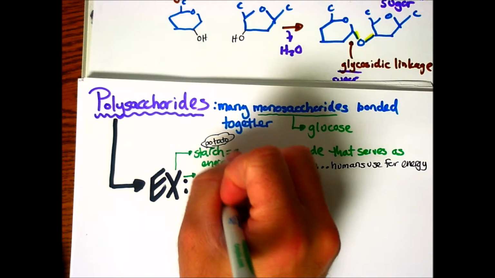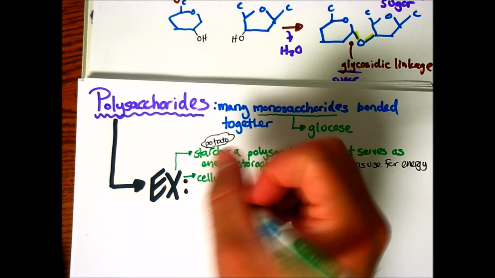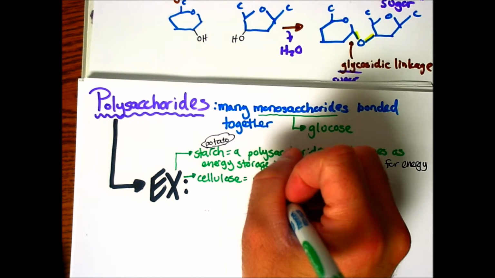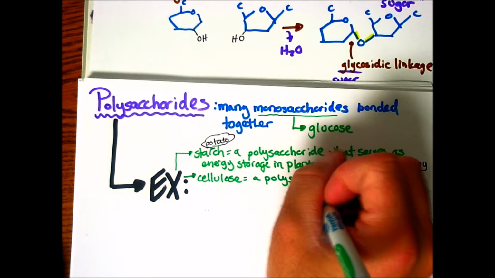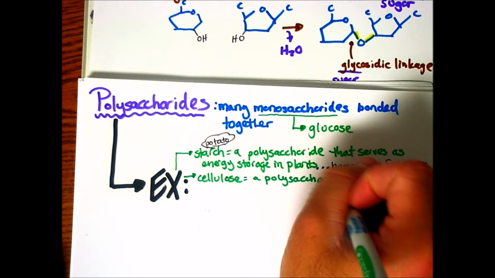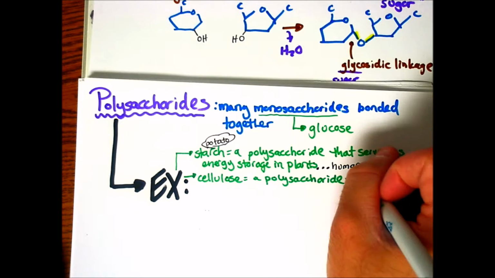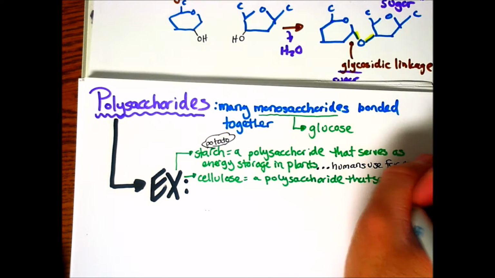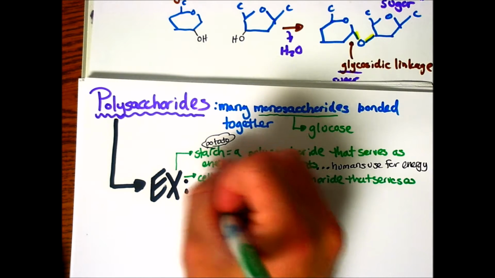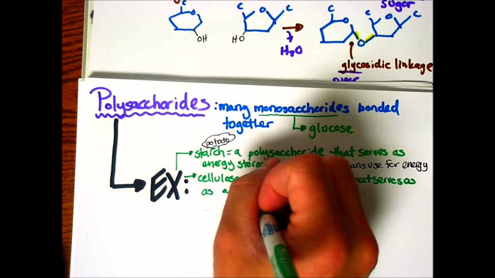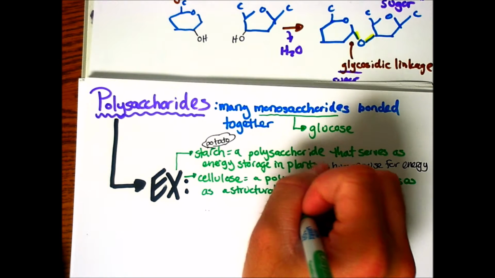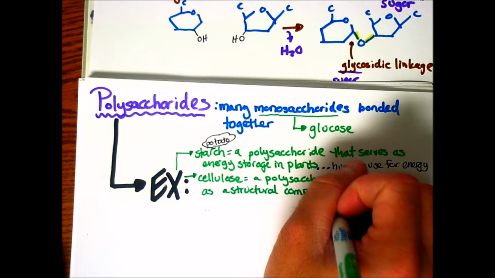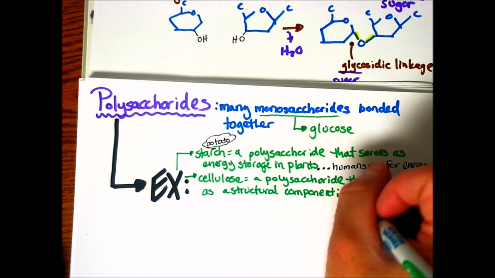The next one is cellulose. Cellulose is another polysaccharide, but this one serves as a structural component in a plant.